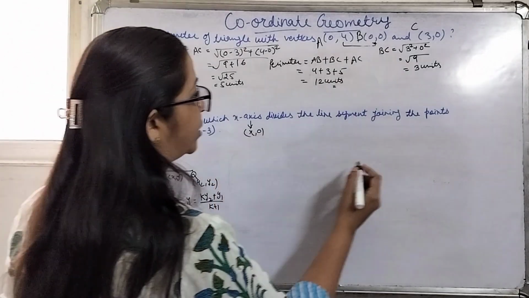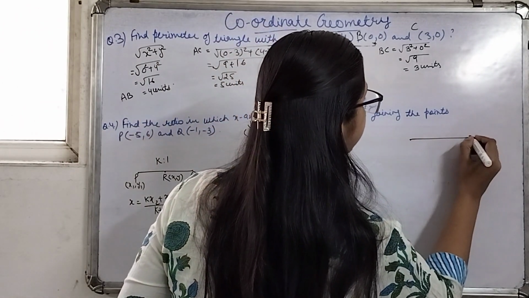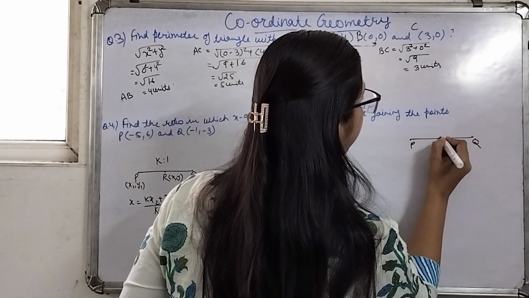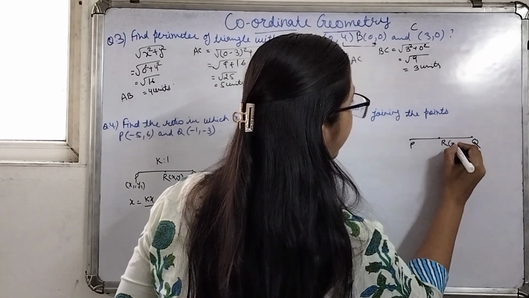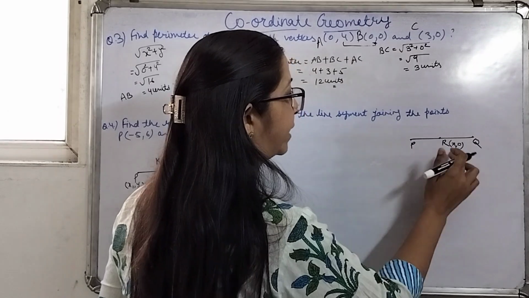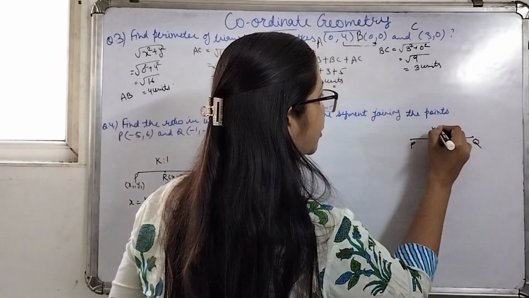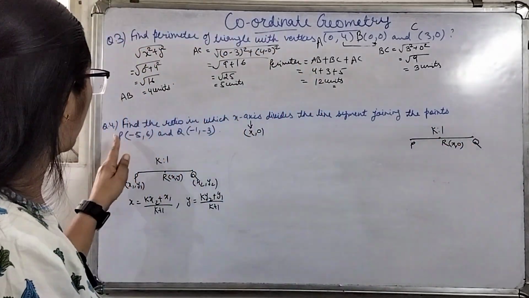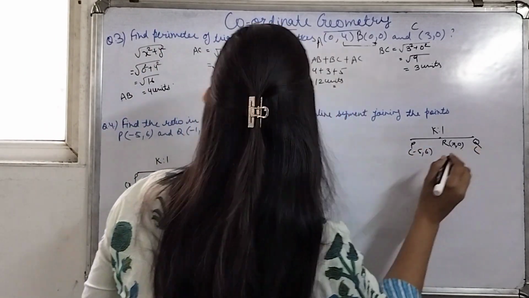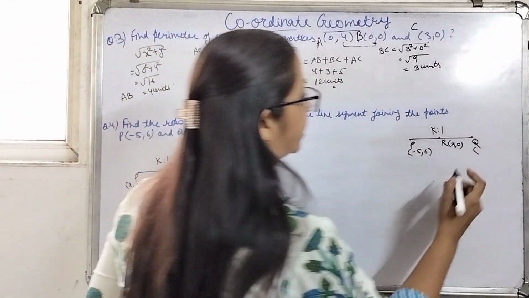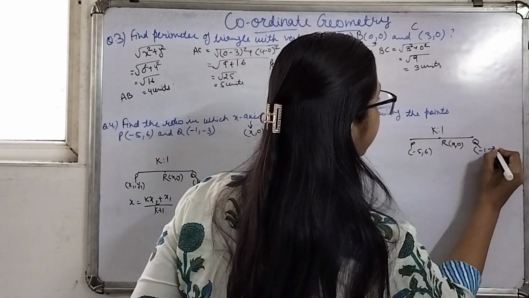So over here, these are the points P and Q, and we are assuming that point R, whose coordinates are (x, 0), is dividing the line segment PQ in the ratio k:1. The coordinates of point P are (-5, 6), and of point Q are (-1, -3).